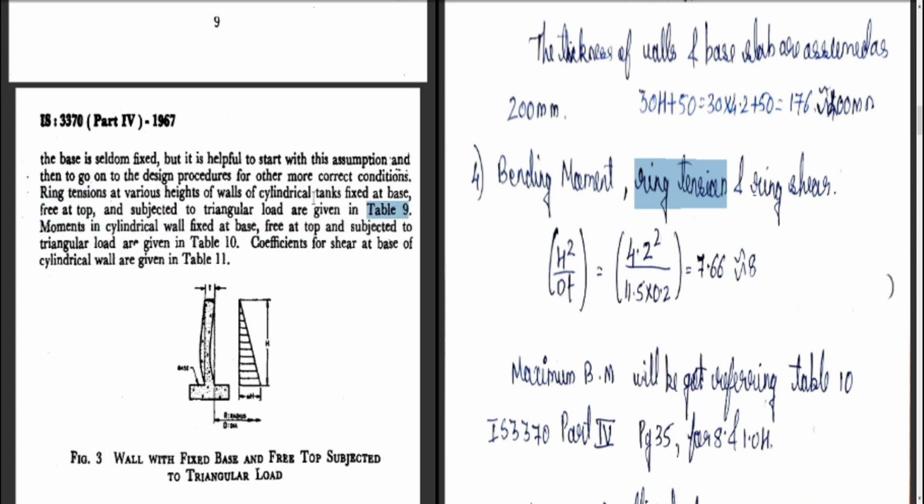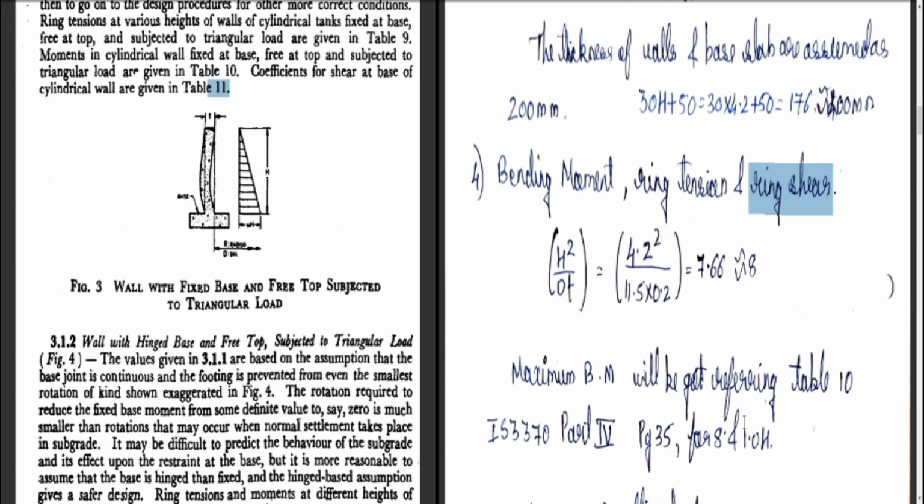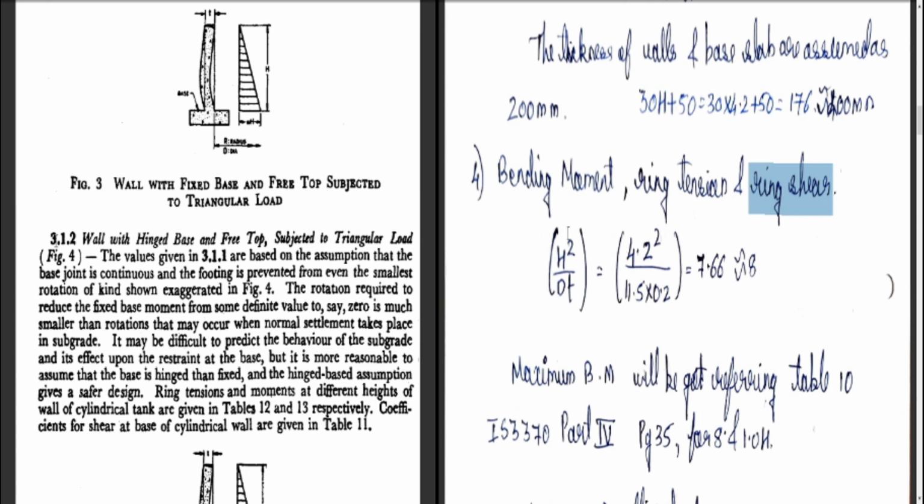Then ring shear, that is nothing but the shear at the base. So coefficient for the shear at the base is given in table number 11. So remember, we have to make use of these three tables to compute the bending moment, ring tension and the shear.